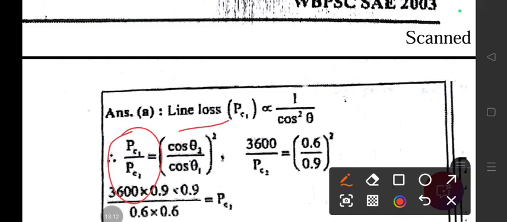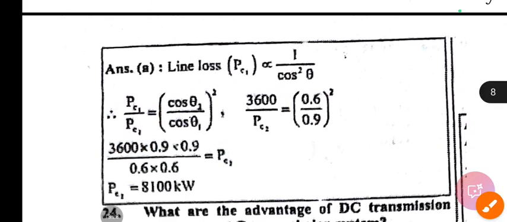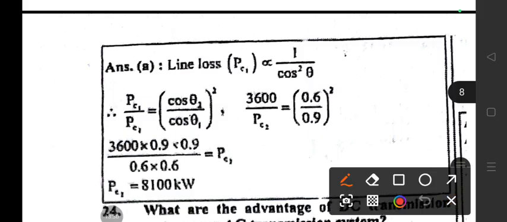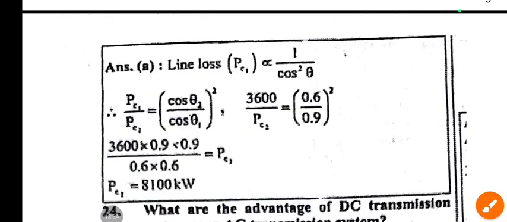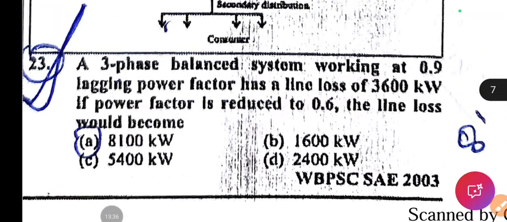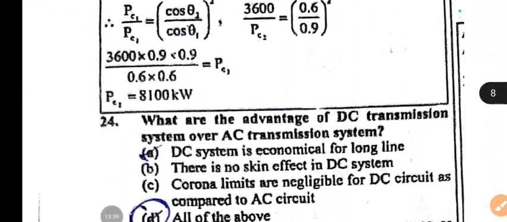Then you have to take the ratio of line loss with power factors cos theta 2 upon cos theta 1. Now write these values and simplify this equation. Then our answer will be 8100 kilowatt. You have to remember this basic relation.